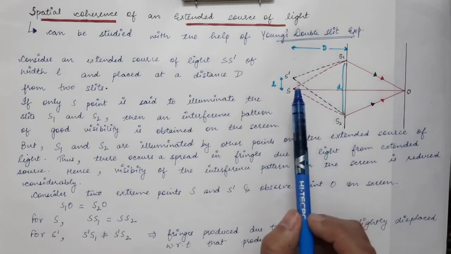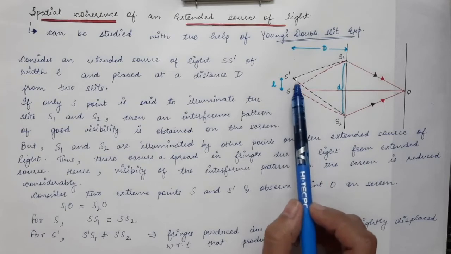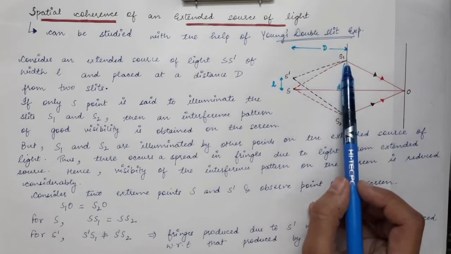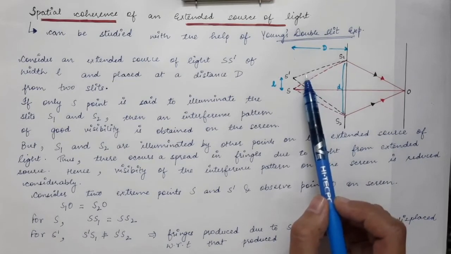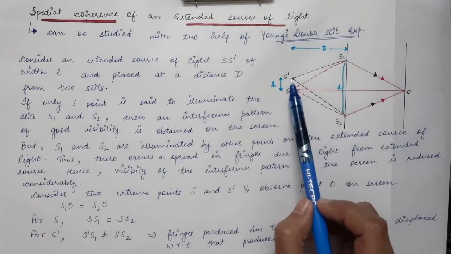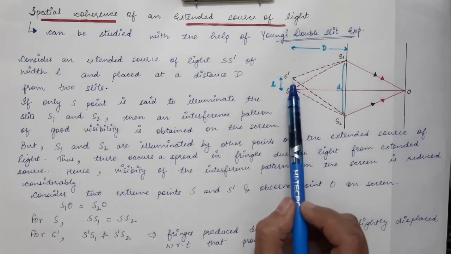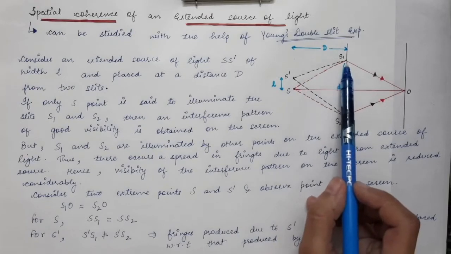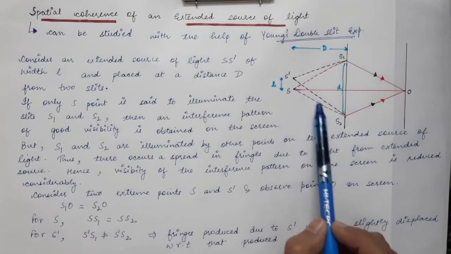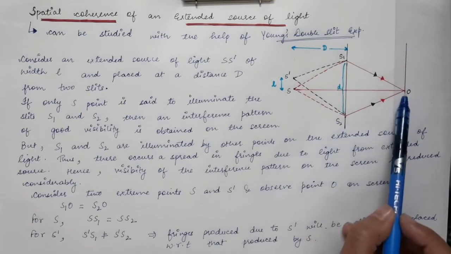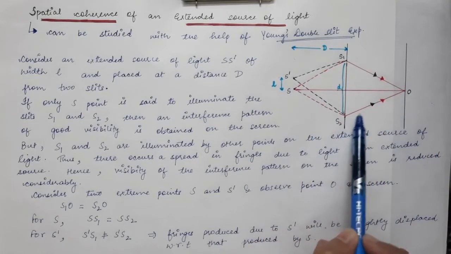So now we want to find the expression for S'S2 minus S'S1, because the path difference between the light rays reaching O from the S' point source is equal to S'S2 minus S'S1.